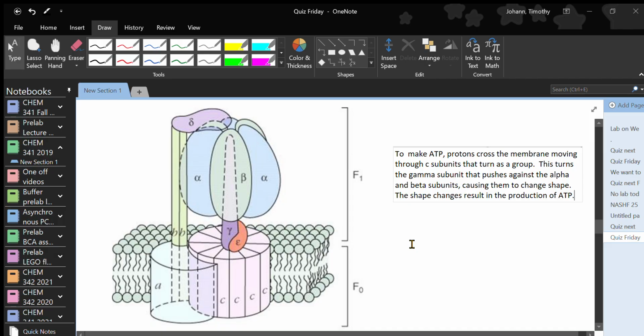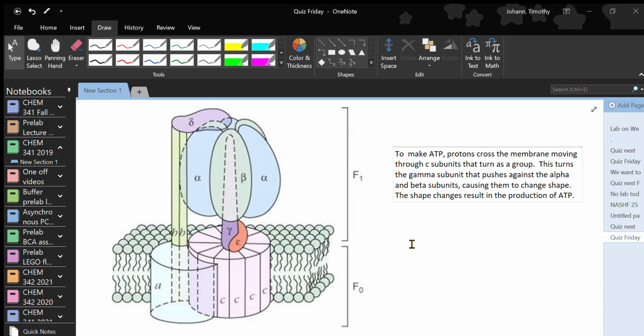All right, you see this little B over here? This B subunit is going to hold the alpha and beta so they don't turn. All right, so it's held in place.